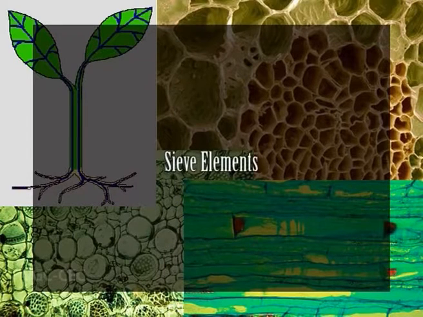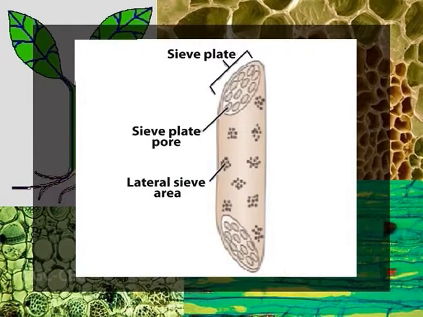Now sieve elements. Sieve elements, that is sieve cells and sieve tube elements, are elongated cells having characteristic sieve areas in their cell walls, where pores interconnect the conducting cells. Unlike sieve areas of gymnosperms, the sieve areas of angiosperms can differentiate into sieve plates.